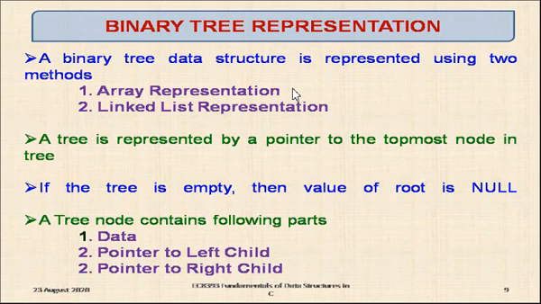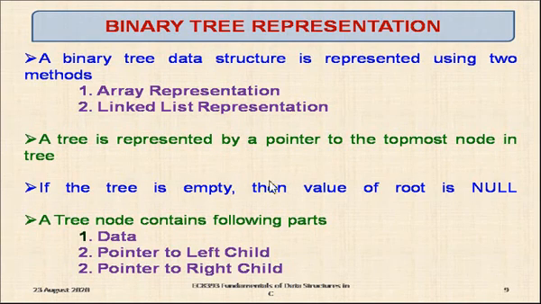Then coming to the different ways of representation of a binary tree in the data structure, we have two types of representations: array representation and linked list representation. A tree is represented by a pointer to the topmost node in the tree. Pointer is nothing but what? An unsigned integer, or it's a memory address.